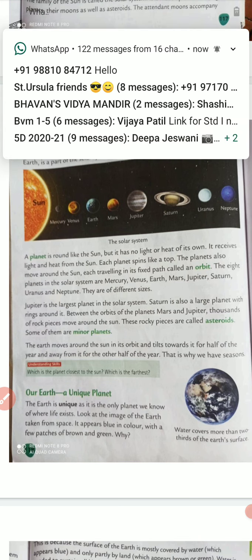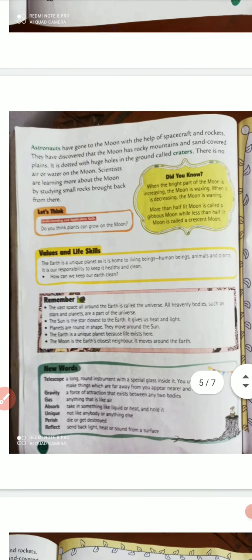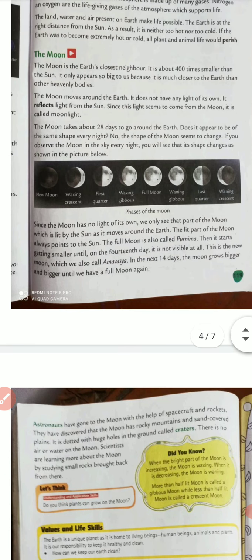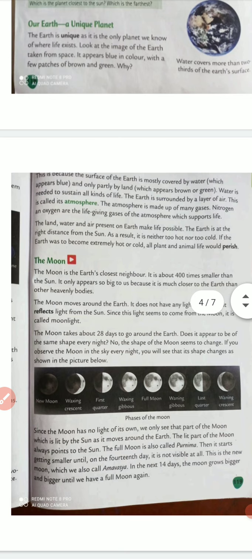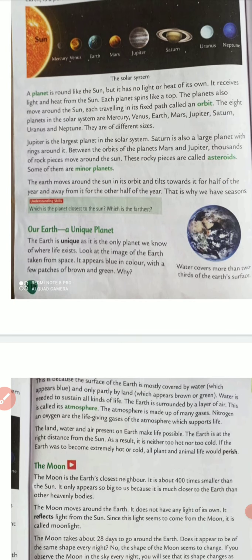When it is tilted towards the Sun, it is sunny. When it is away from the Sun, it is a winter season. When it is closer to the Sun, it is summer.